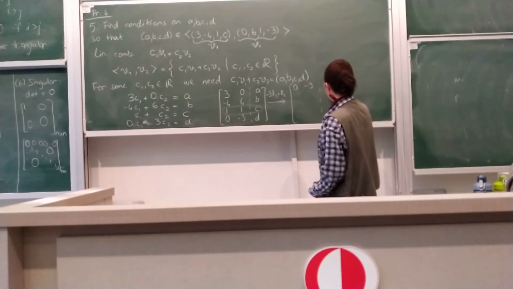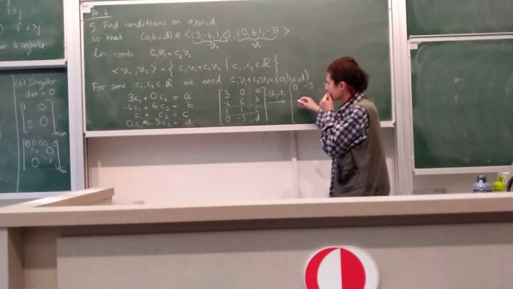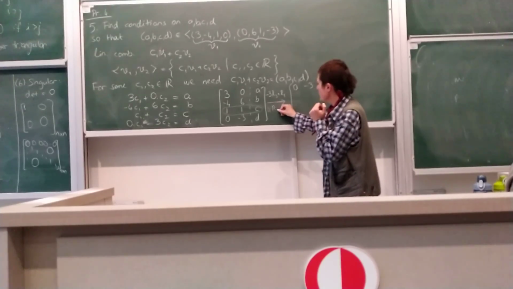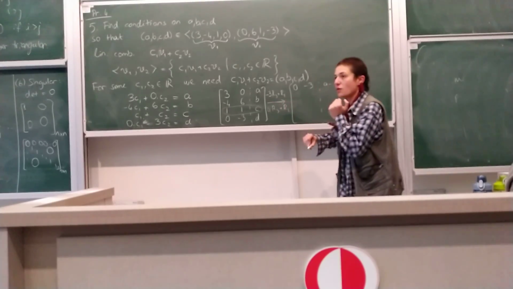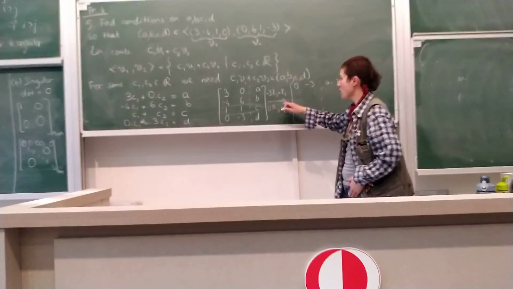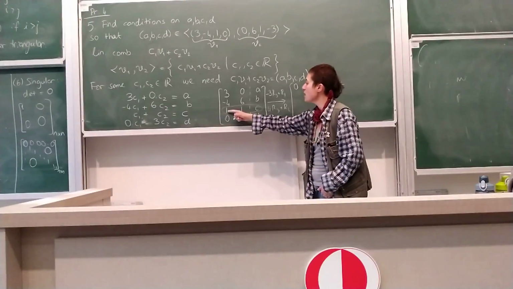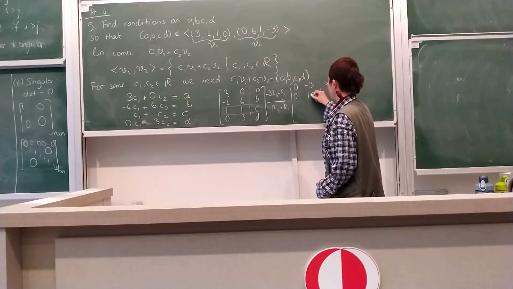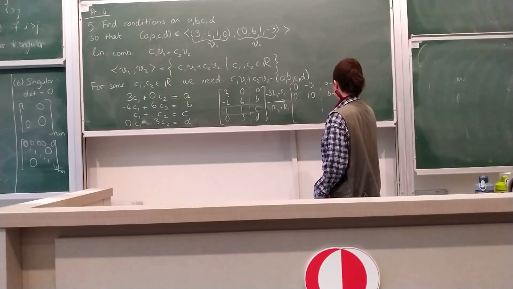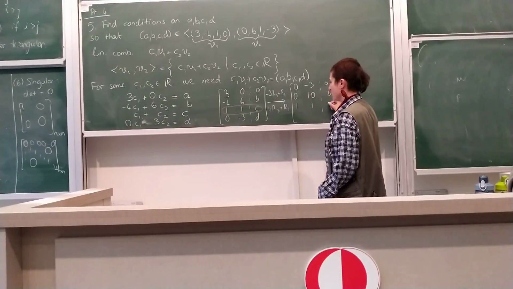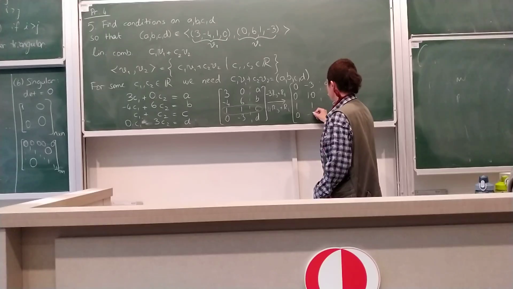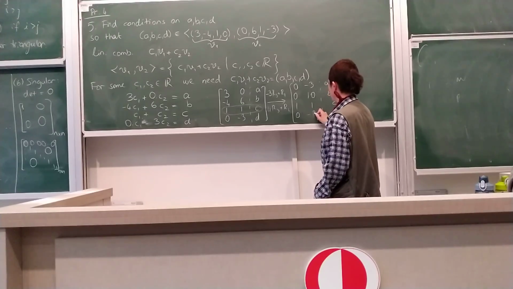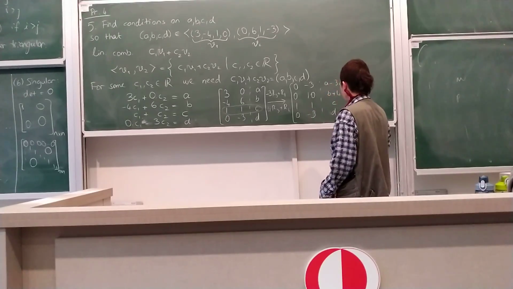A minus 3C. And then multiply by 4 and add to the second row. I will not write the operations from now on. This is the last time I'm writing them. 4 times this plus this, 0, 10, and B plus 4C. I have 1, 1, C, and 0, minus 3, D.